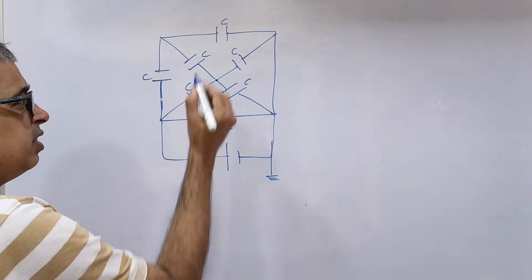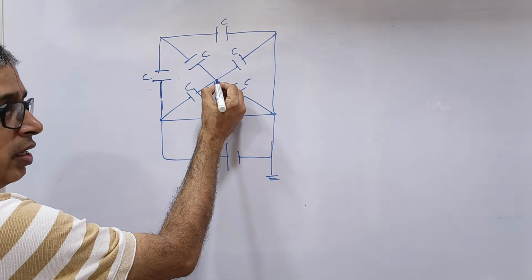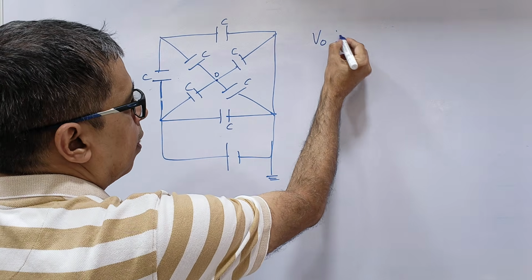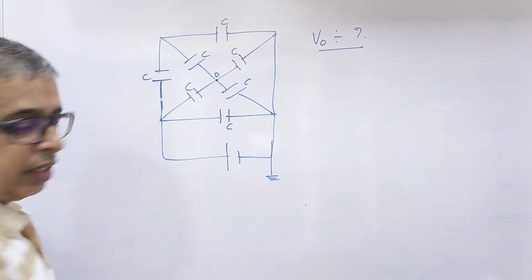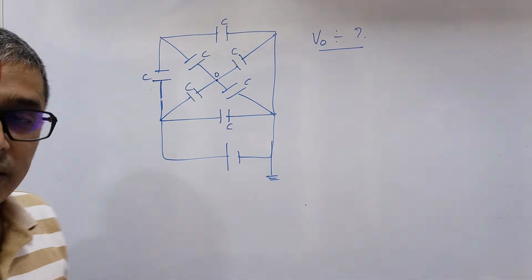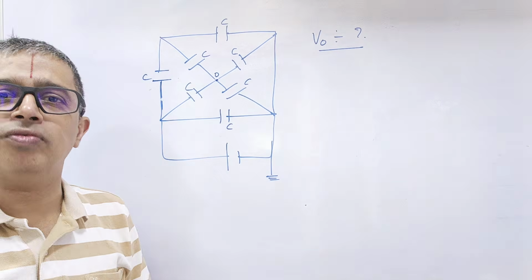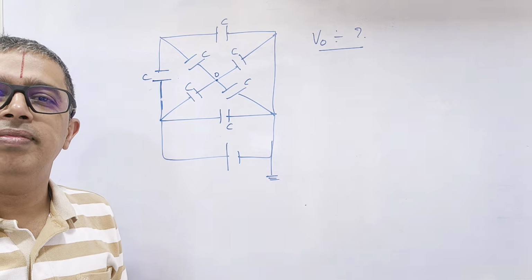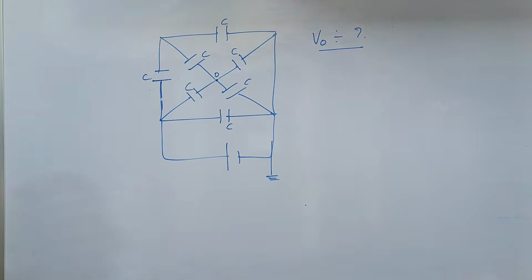The question asked is: find the potential at this junction, the potential at O. If I try to solve this using Kirchhoff's laws, it becomes a pretty lengthy problem, right?